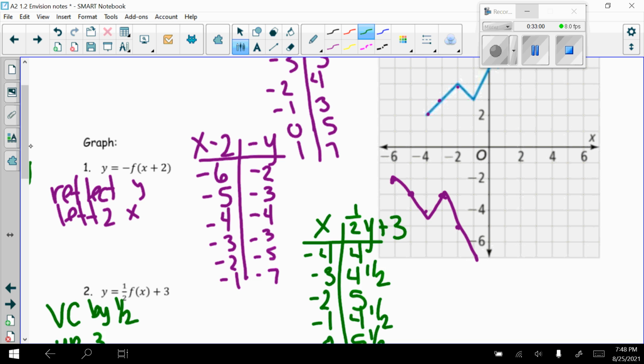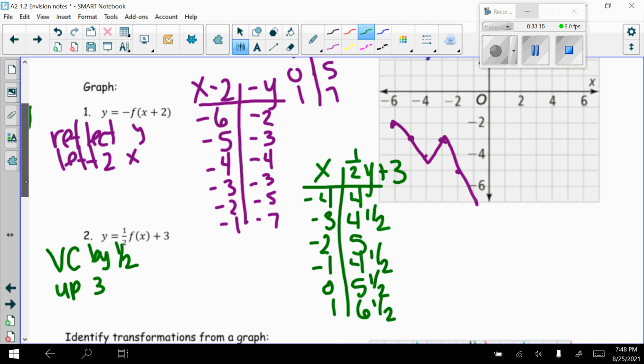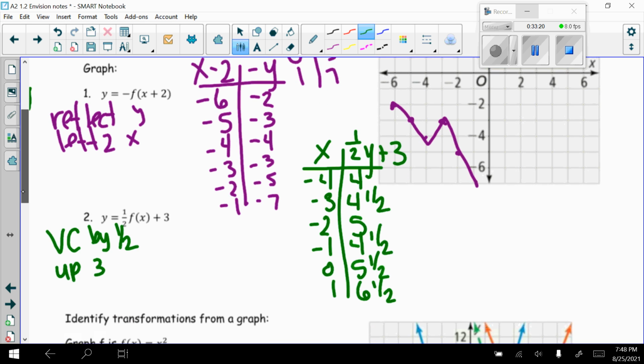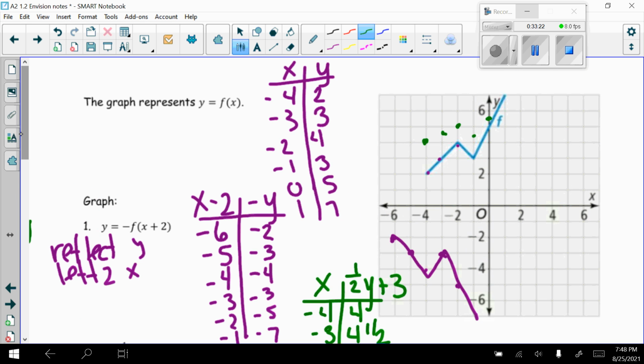So over negative 4, up 4. Over negative 3, up 4.5. Over negative 2, up 5. Over negative 1, up 4.5. Over 0, up 5.5. And over 1, up 6.5.